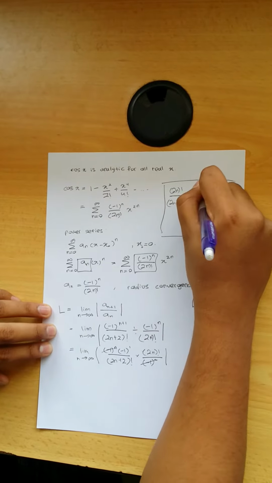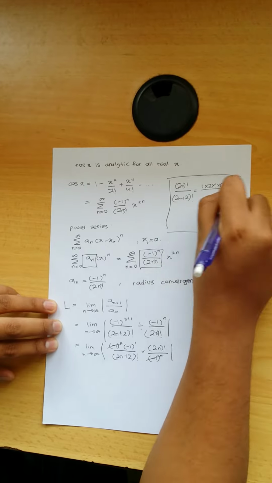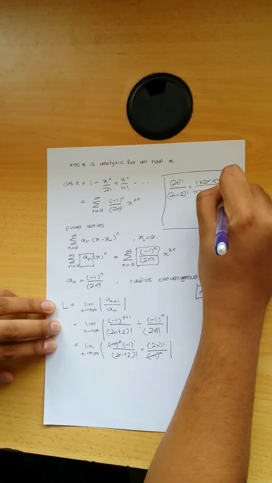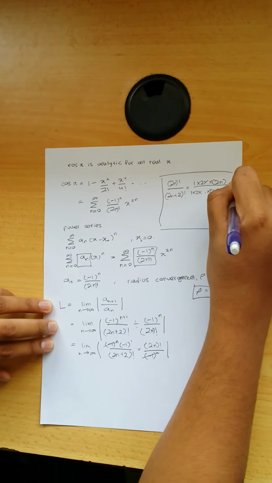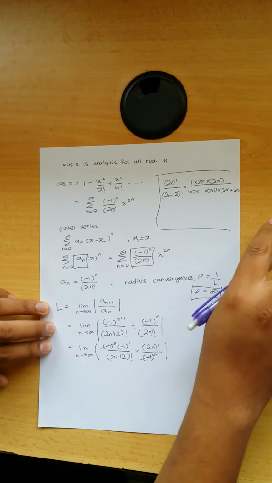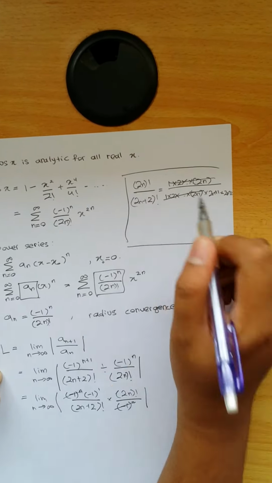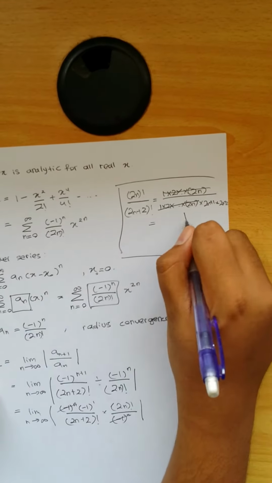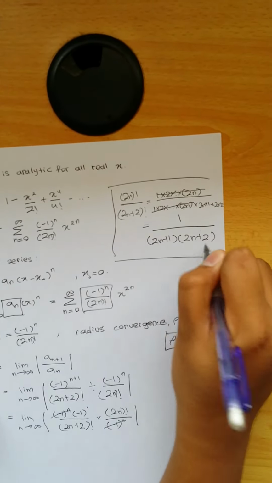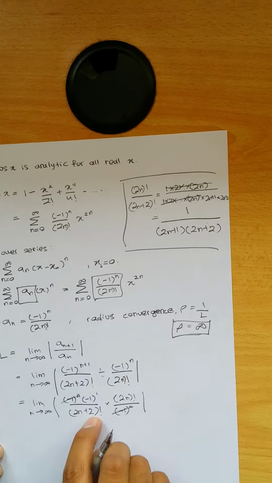So it's 1 times 2 up to 2n, and also for the denominator, 1 times 2 up to 2n, times (2n+1), then multiplied by (2n+2). We can see the similarity with 1 to 2n, so we can cancel it here. Finally we get 1 over (2n+1)(2n+2) for the factorial part.